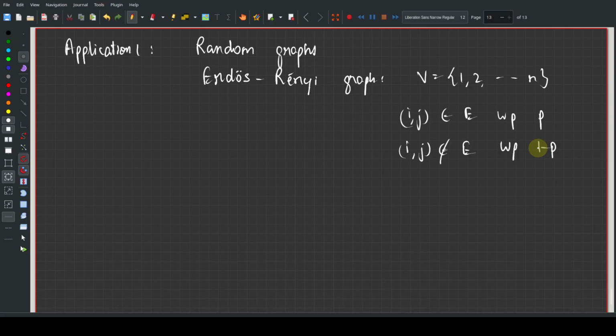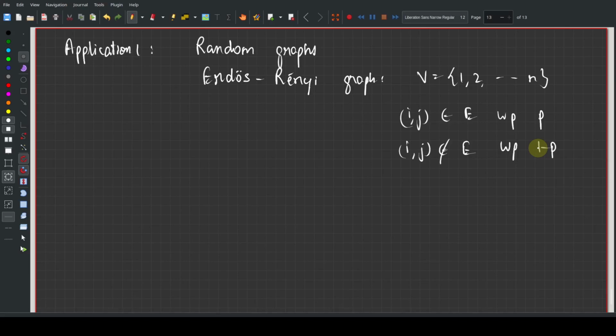So whether there is an edge or not between a pair of vertices i and j is basically a Bernoulli p random variable. But in this case, we won't take p to be fixed. I'll allow p to be a function of n, okay, because this gives us the graph in different regimes.